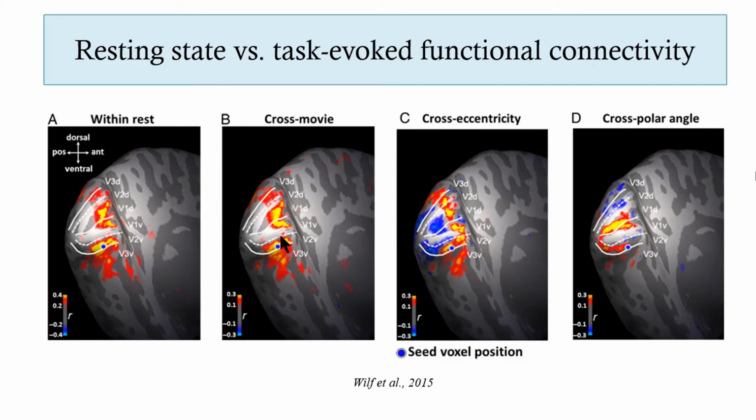And both of these two patterns, if you compare them with the same type of patterns that one would see when doing a retinotopic mapping experiment with eccentricity and polar angle modulated stimuli, you will find that none of these patterns look similar to the organization of the polar angle, and they are somewhat similar to the organization of the eccentricity. However, they're not the same, especially in that they don't show this anti-correlation between the fovea and the peripheral regions.